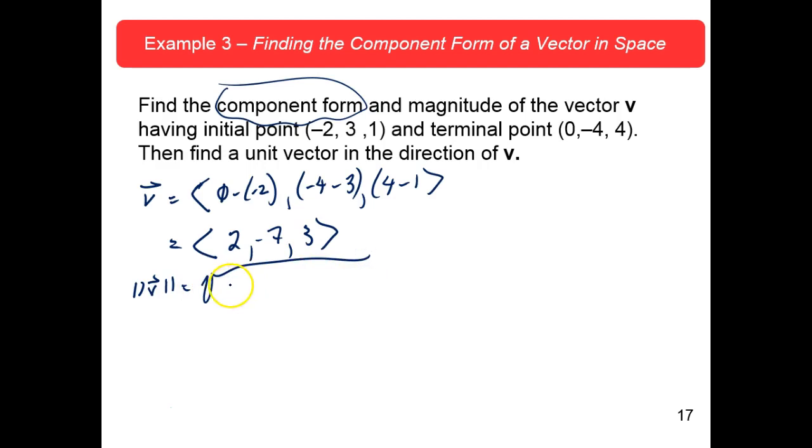The square root of 2 squared plus -7 squared plus 3 squared, which would be, in this case, the square root of 4 plus 49 plus 9, which would be, that's 62, isn't it? Square root of 62. And maybe you can pull something out. I'm happy to leave the square root of 62. Okay, so there we found the magnitude of the vector.